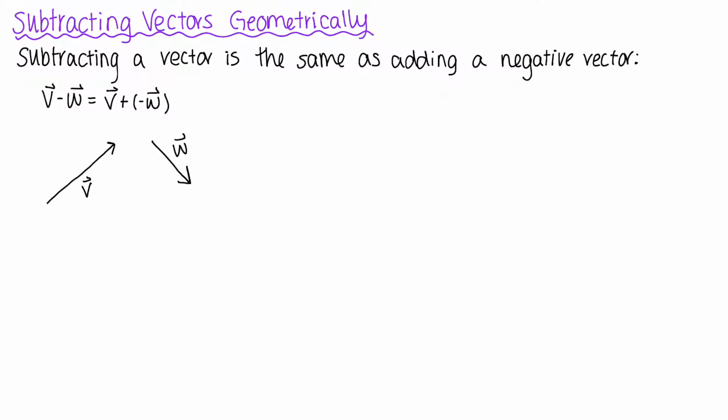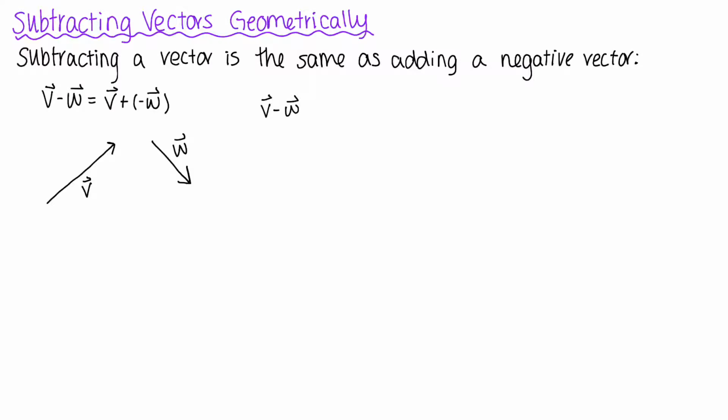We can use that idea of negative vectors to talk about how we can subtract vectors. So we're not actually subtracting vectors, we're adding a negative vector. So I have two vectors v and w, once again, and I'm going to look at doing v minus w.